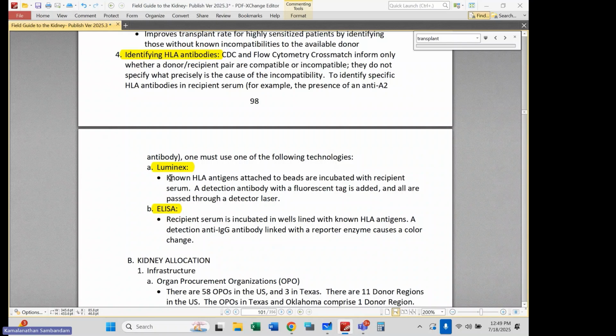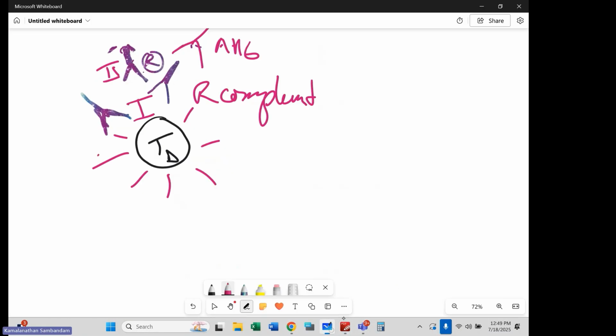What is it? Well, it's a technology that relies on binding known HLA antigens to plastic beads that have known HLA antigens on them. Instead of using a T cell to mix with recipient serum, I now have a bead with an A2 on it that I mix with recipient serum, okay?